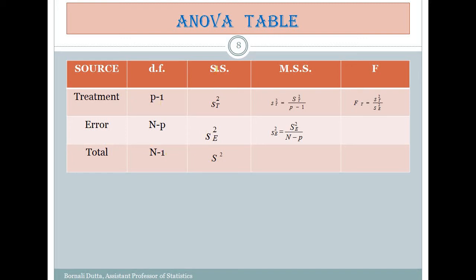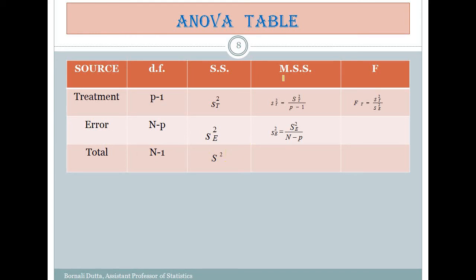Here, the third column represents the sum of squares. Here, capital T S square represents the sum of square due to treatment, capital E S square represents the sum of square due to error and capital S square represents the total sum of square.